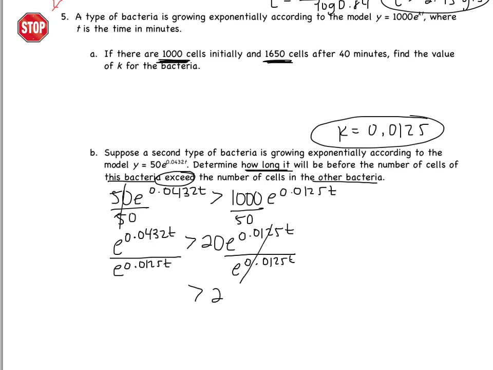On the right side, I'm left with 20. On the left side, I have the same base, e and e, so that base is going to stay. Because I'm dividing, I'm going to subtract the exponents. So I have 0.0432t minus 0.0125t. So this becomes e to the power 0.0307t, and then that's greater than 20.